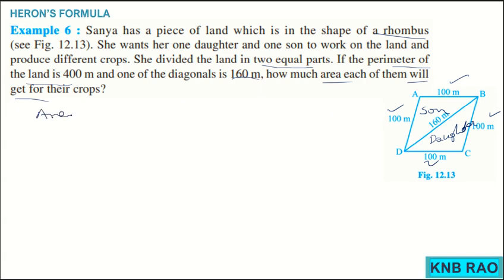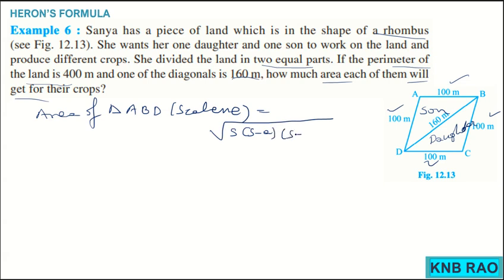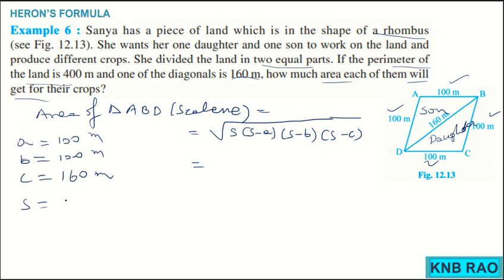To find the area of triangle, let's say ABD, which is a scalene triangle, I will use Heron's formula, square root of S into S minus A into S minus B into S minus C. Here A is 100 and B is also 100, whereas C is 160 meter, and the semi perimeter is the sum of these divided by 2, that is 360 by 2, which gives 180 meter.